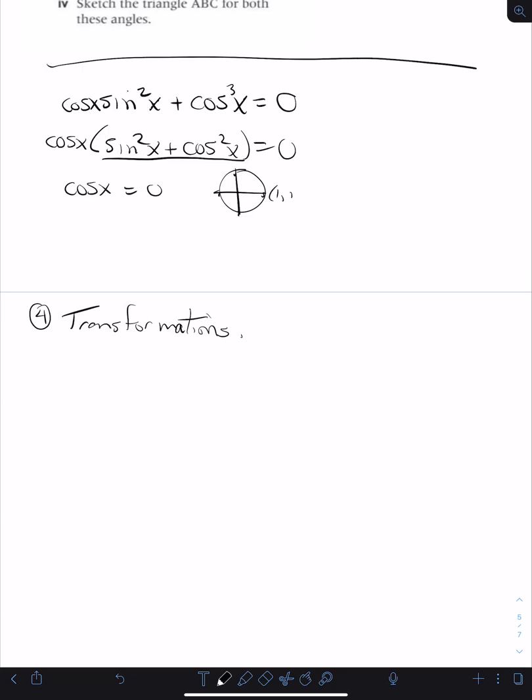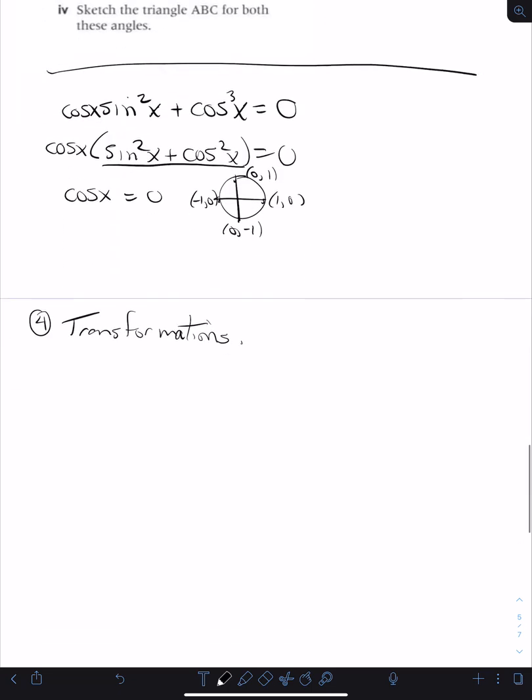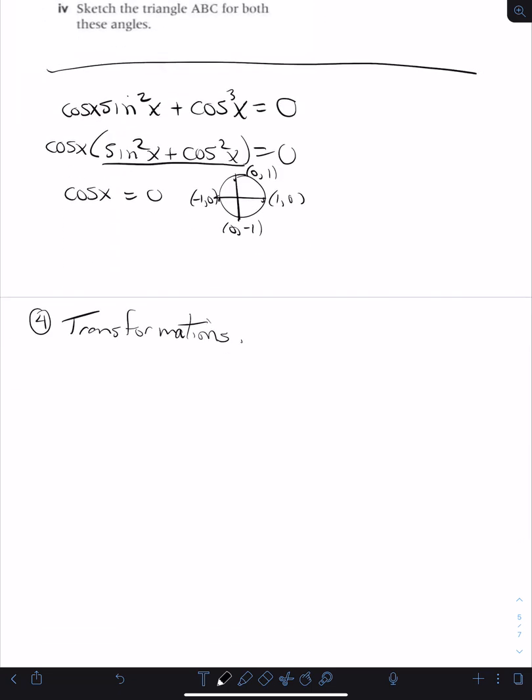So remember, this is 1, 0, 0, 1, negative 1, 0, 0, negative 1. Why do I go to those? Because I know that's when cosine x is 0. So cosine is x over the radius, which is 1. So it'll be at 90 degrees, and it'll also happen again at 270 degrees. So x could be 90 degrees or 270 degrees.